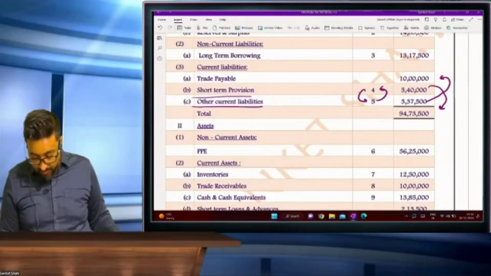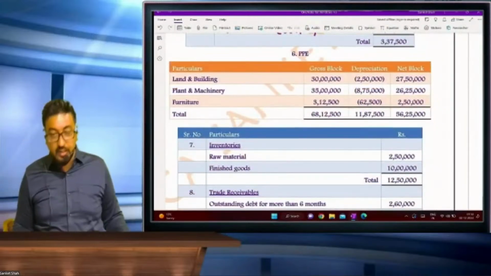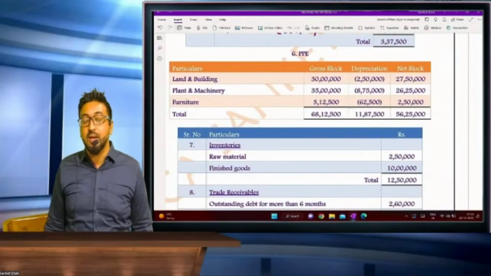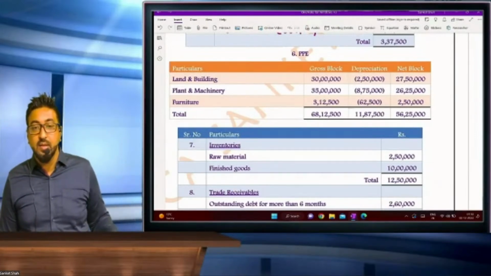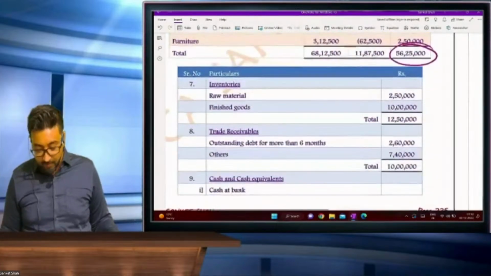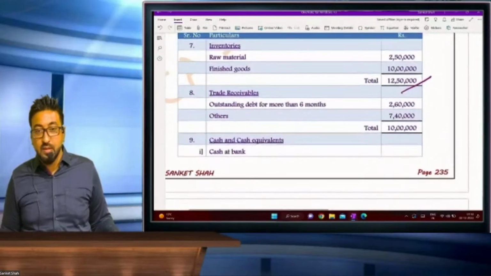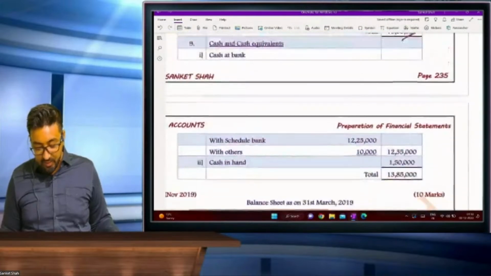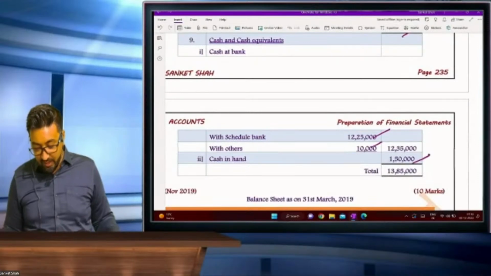ये उतना ही देखो. Means in your answer, first one is other current liability and then short-term provisions. Land and building, you can see plant and machinery and furniture. Your answer is 56,25,000. Inventory, raw material and finished goods. Trade receivable more than 6 months and less than 6 months. And cash and cash equivalent with scheduled bank and with others and cash in hand.